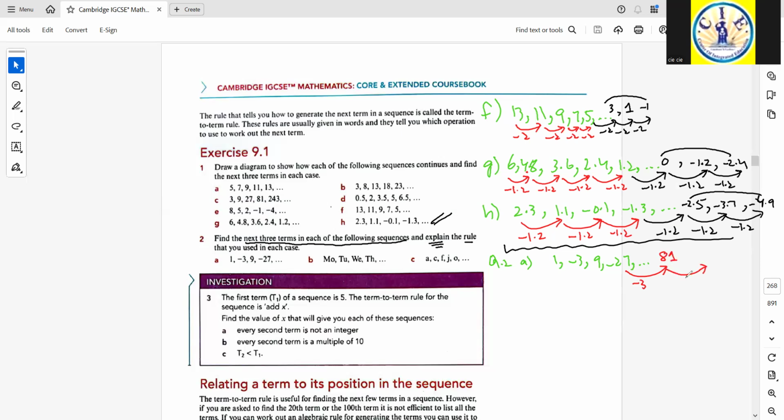Then 81 times -3 is -243. And then once again multiplying by -3, we can have this time the positive term, that is 729.